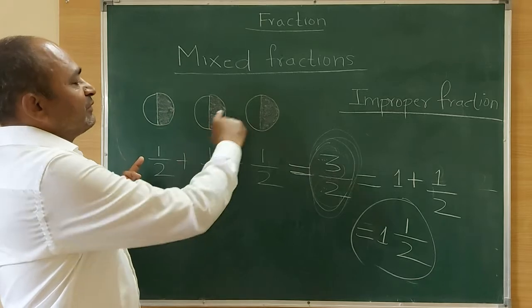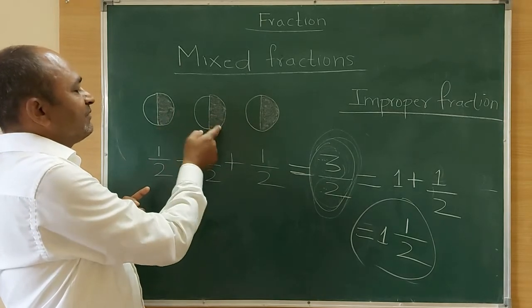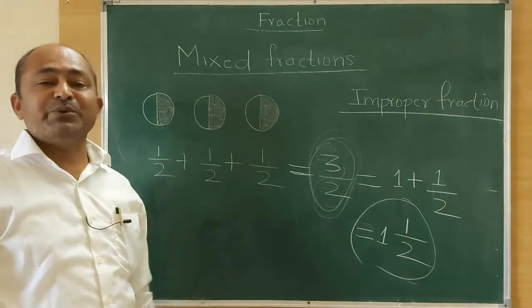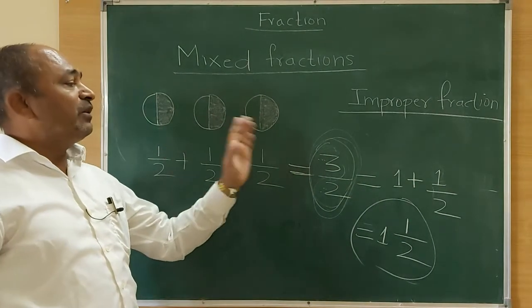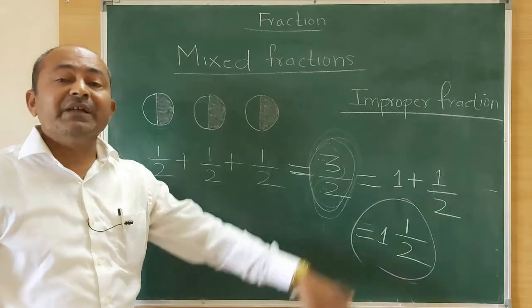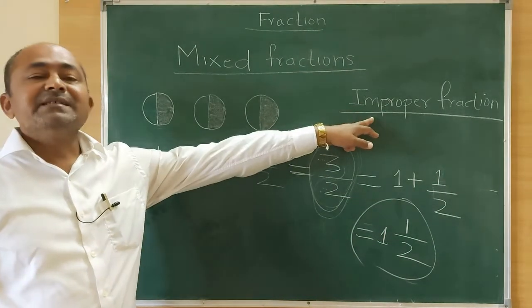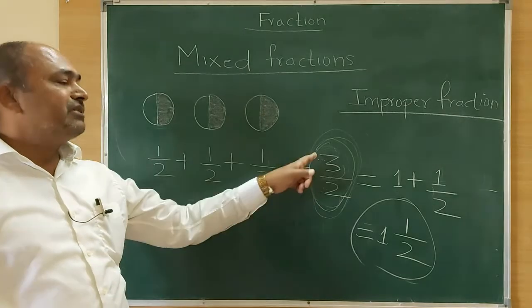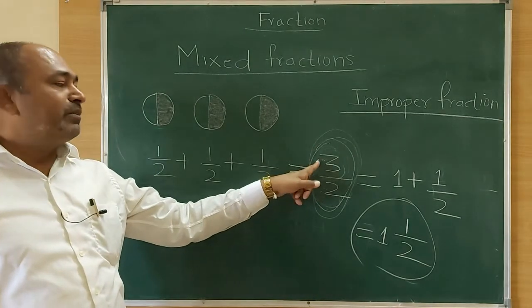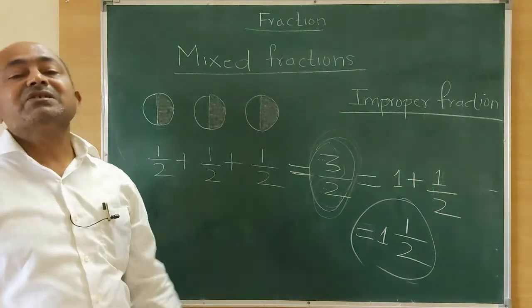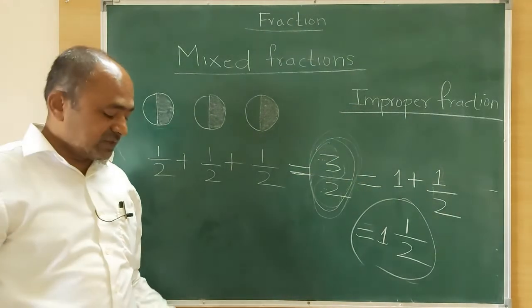Half plus half plus half. Half plus half is 1. 1 plus half is 1 and half, means 3 upon 2. So the value of this fraction is more than 1. So this is called an improper fraction. In short, remember that when the numerator is greater than the denominator, such a fraction is called an improper fraction.